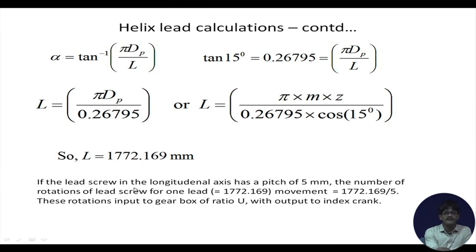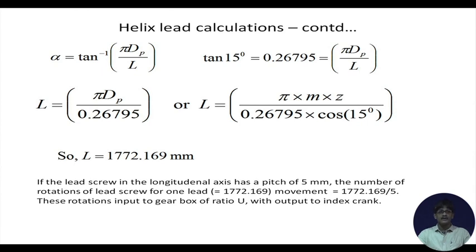Once we find out the lead, let us see what is written in the small print. If the lead screw in the longitudinal axis has a pitch of 5 millimeters, oh, this is important. This says that we plan to get a longitudinal motion of 1772.169 millimeters in the same time that we rotate the job once.